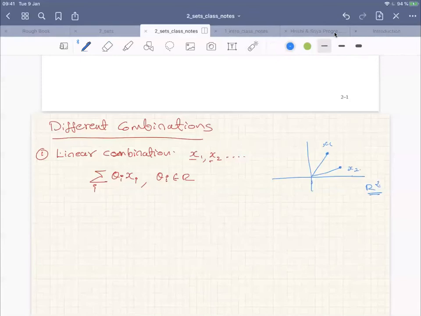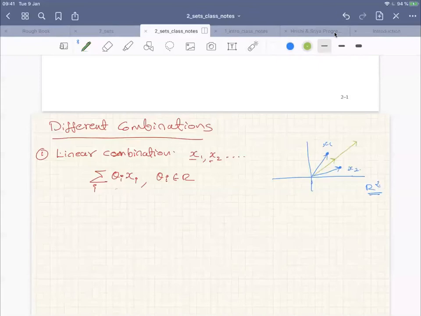Now what happens when we take a linear combination of these? For example, let's assume theta 1 equal to 1 and theta 2 also equal to 1. That means you are just adding x1 and x2. So this is the vector x1 and this is the vector x2. When you add these two, you will get something like this, right? And then, for example, theta 1 is half and theta 2 is half. Then if you add, you will get this vector, right?